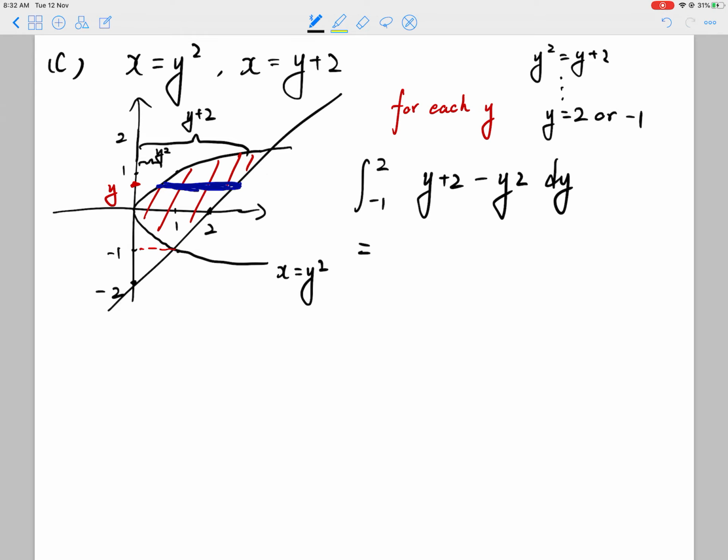So this is negative 1 over 3 y cubed plus half y squared plus 2y, from negative 1 to 2. I'll just do it. It's 9 over 2.